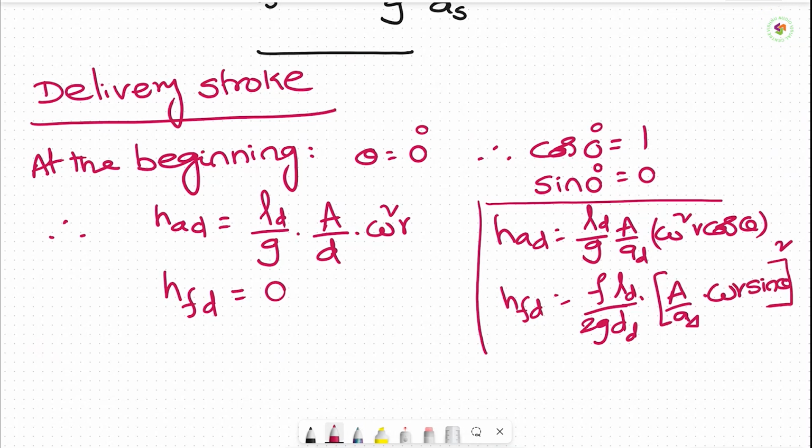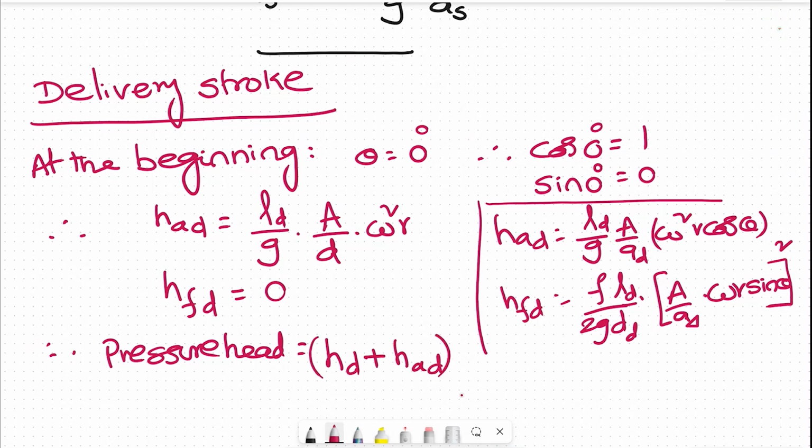This is the general. So now accordingly put it. Therefore, pressure head is equal to HD plus HAD. This is above atmospheric pressure.